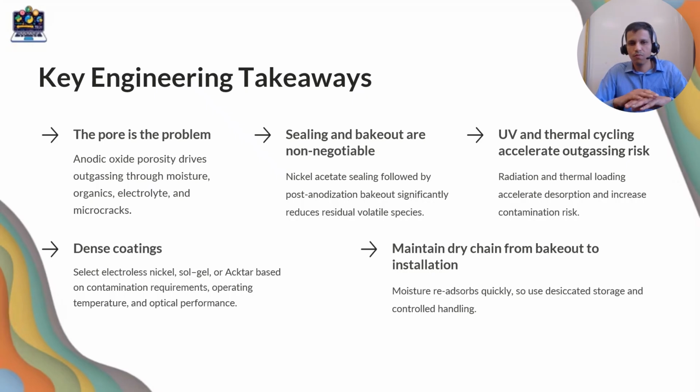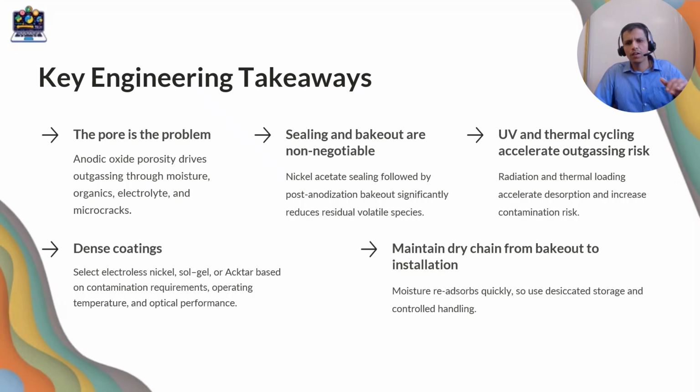So we have to think through that pore. The pore is a problem, and the key outgassing mitigation steps are sealing and bakeout. Those help reduce the outgassing risk. Thermal and UV exposure are the two more things that can accelerate outgassing.